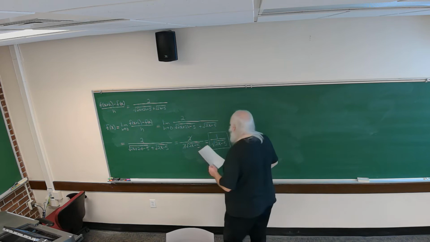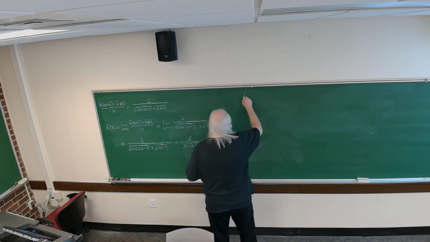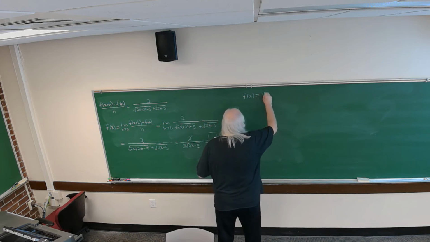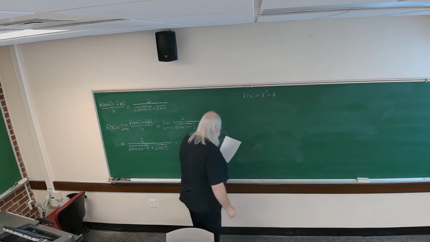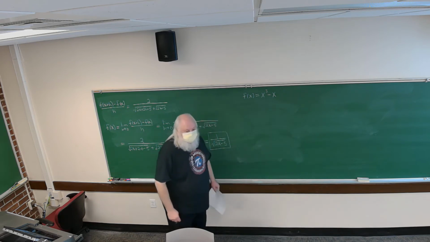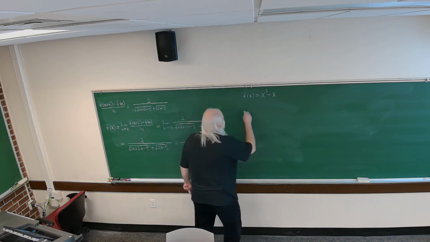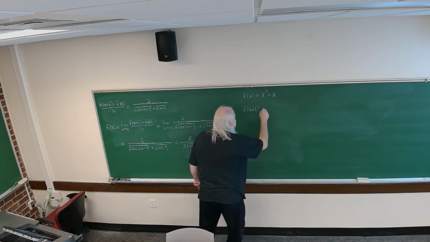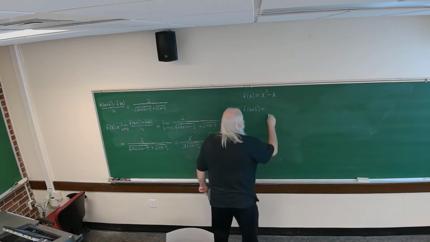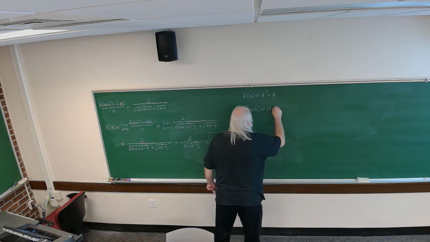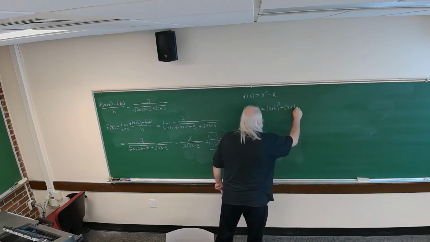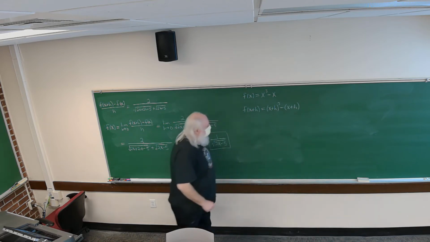So in B, our function is f of x is equal to x cubed minus x, okay? So we got to construct the difference quotient. So first step, calculate f of x plus h. And f of x plus h is x plus h cubed minus x plus h in parentheses.